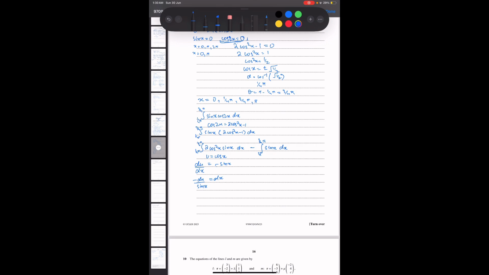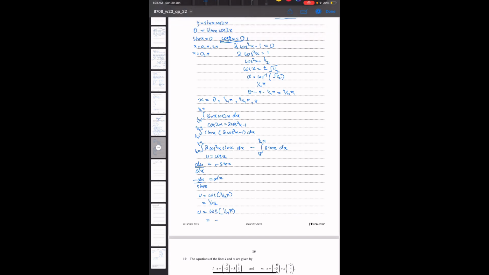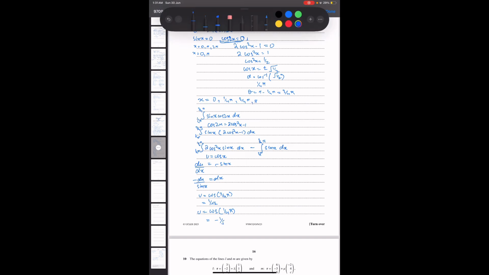And we also see the limits. So u is equal to cos 3π/4, which is minus 1/√2, and then u is equal to cos π/4, which is 1/√2.